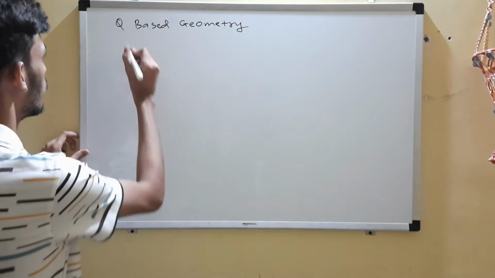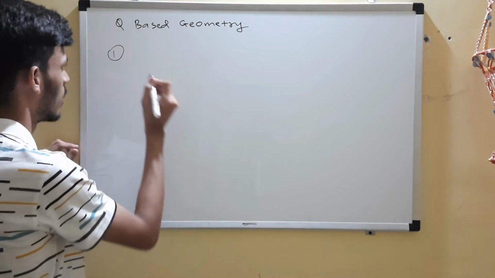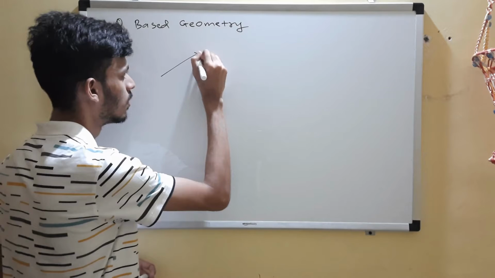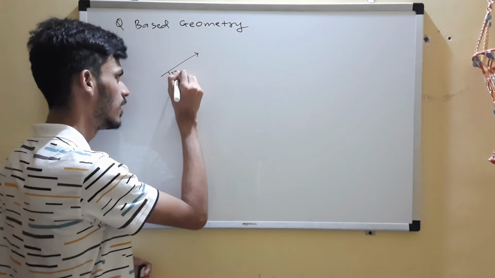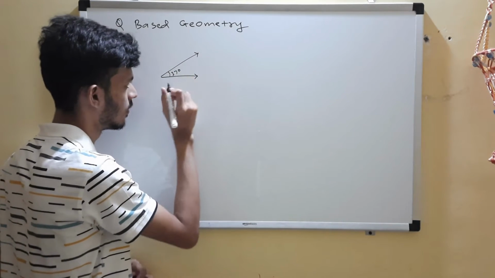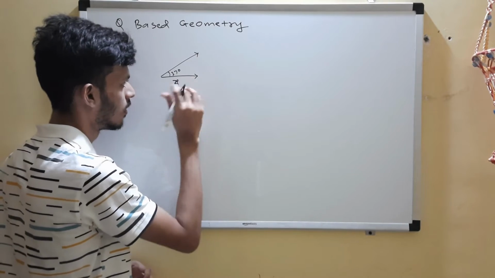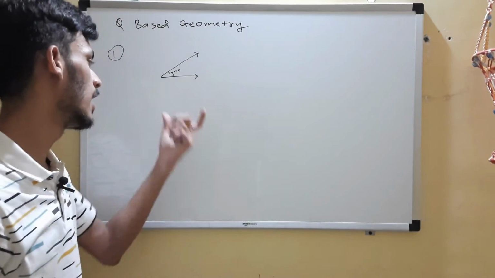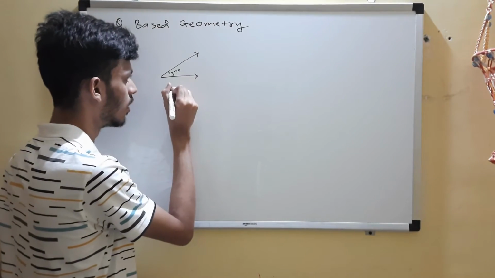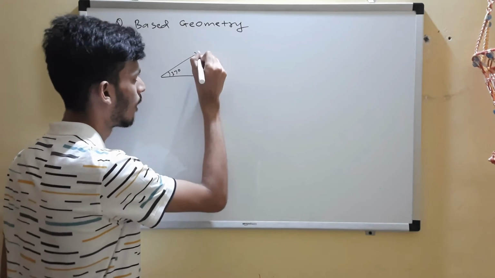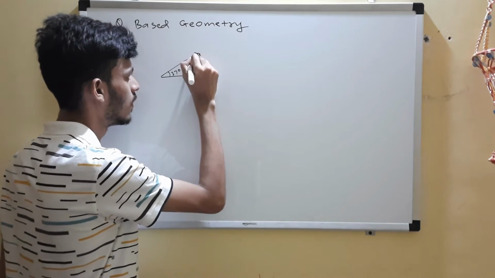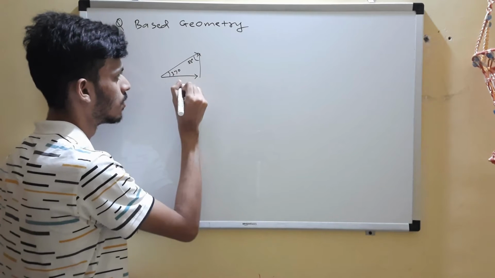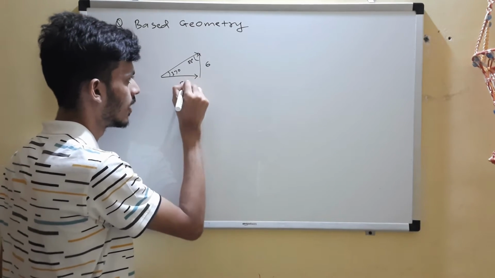So you might have questions like this, I'll give you a question. Suppose this is 37 degrees, and this is vector A. I'll directly give you the magnitudes. This is 53 degrees, so this is 6, this is 8.